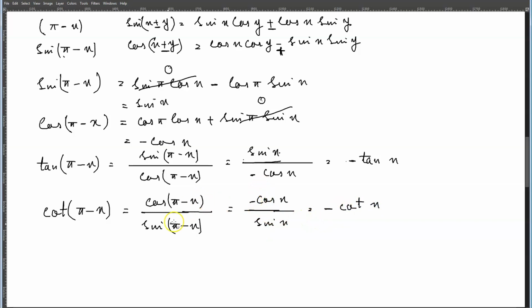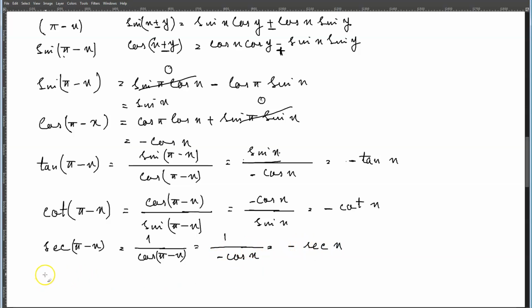What is the secant of pi minus x? It's equal to 1 over cos pi minus x, and cos pi minus x is equal to negative cos x, which is equal to negative secant x.